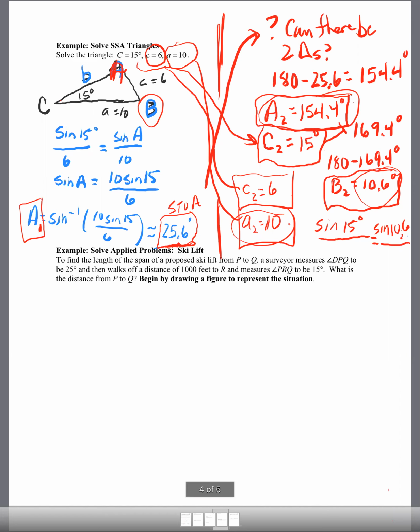It says to find the length of the span of a proposed ski lift from point P to point Q. A surveyor measures the angle DPQ to be 25 degrees. He then walks off a distance of 1,000 feet to another point we'll call R. At this point, he measures the angle PRQ to be 15 degrees. What's the distance from P to Q?